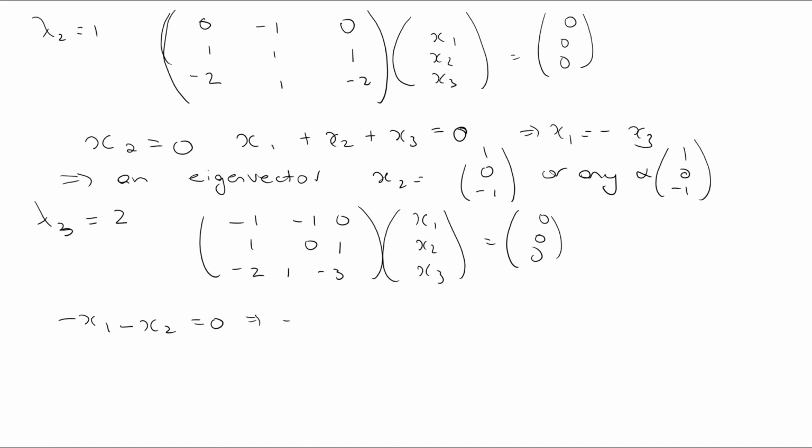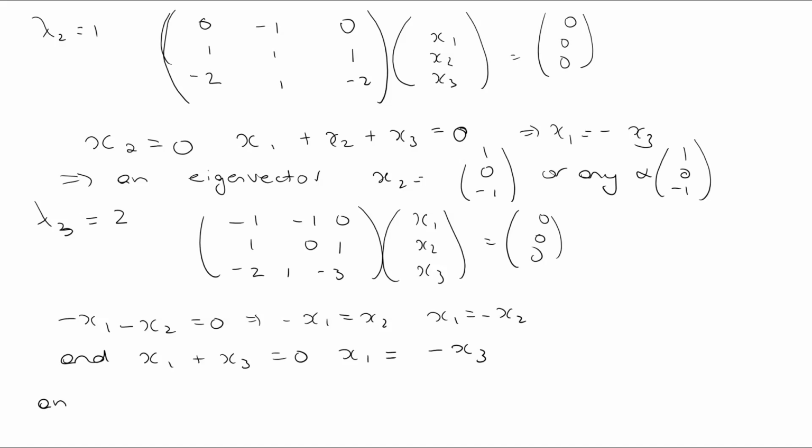So that gives us that -x1 equals x2, or x1 equals -x2, whichever is more useful. And from the second line, x1 plus x3 is equal to 0. So x1 is equal to -x3.